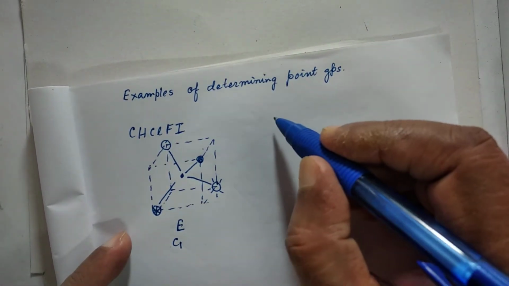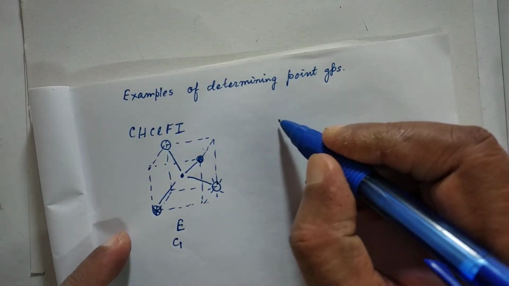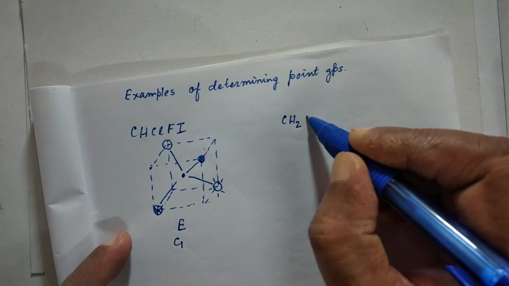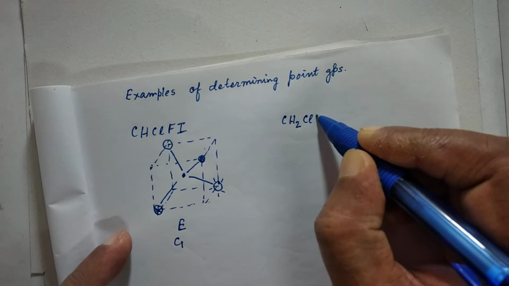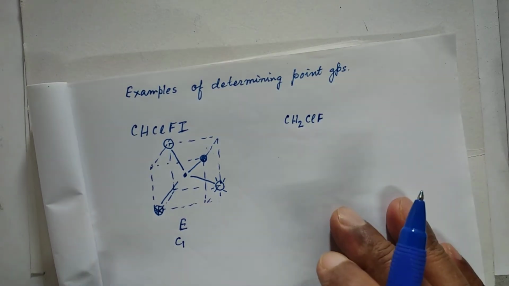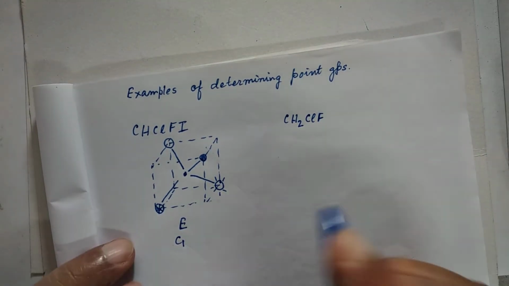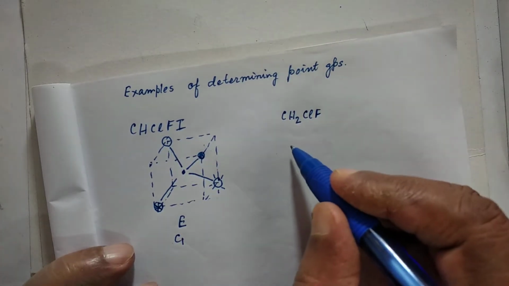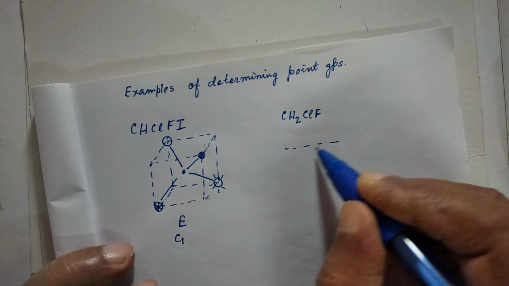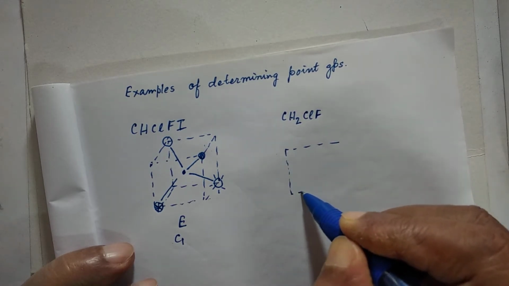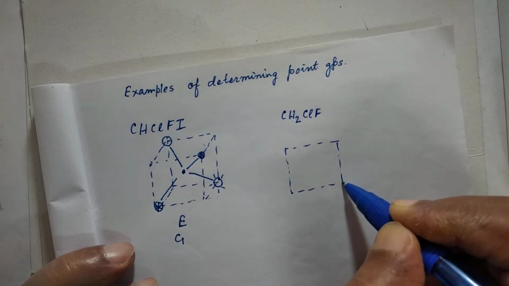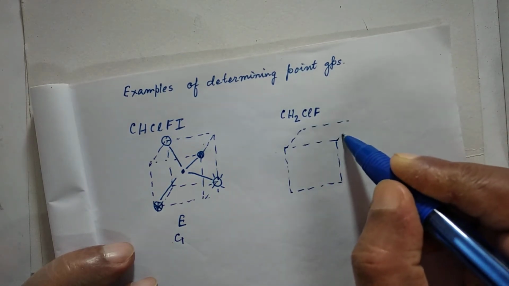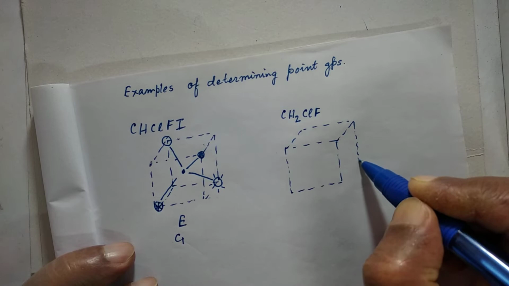Next, let us consider CH2ClF. I replace iodine by another hydrogen. The structure can be obtained similarly by drawing a cube. This is also a tetrahedral molecule. It is derived from methane.